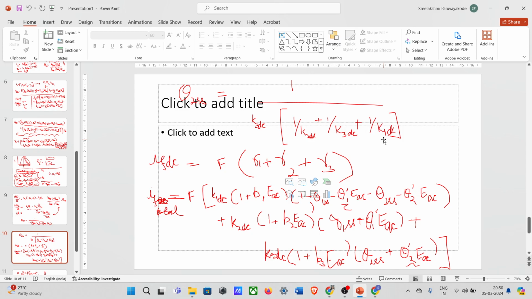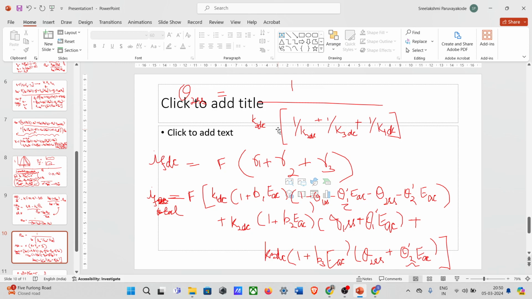Then you have to use the equation e raised to the power: K3 DC will be nothing but B3 into e to the power EDC. For the negative, minus B1, we have to take e raised to the negative. Then we calculate K1 DC, K2 DC and K3 DC, and substitute in this equation. That's why I need your help if we can solve any numerical.